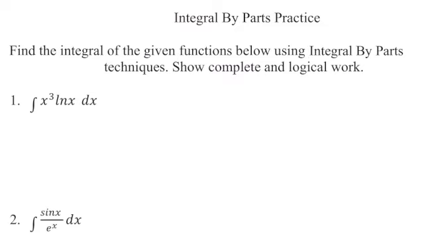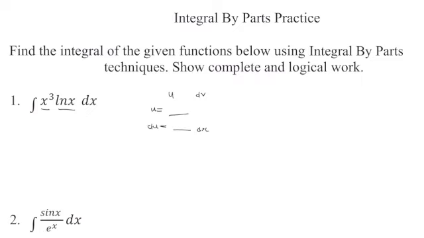Okay, and then the formula: you would have to divide the function into two parts, like I said. So that's why it's integral by parts. And then you would define one as u and the other as dv. And then you would have to take the derivative: so u equals blah, and then you find du equals blah dx.